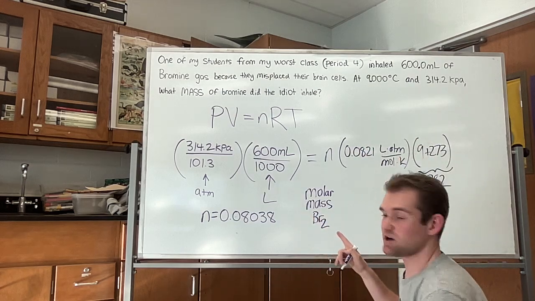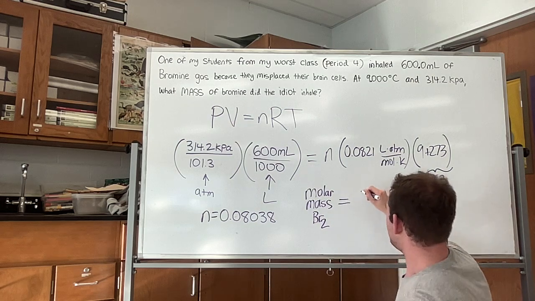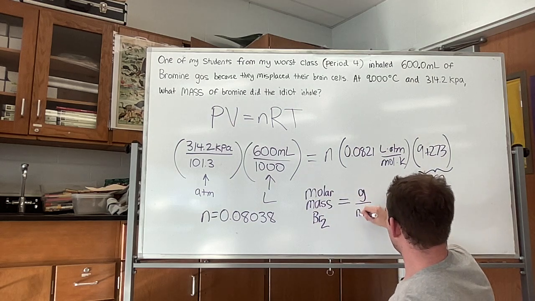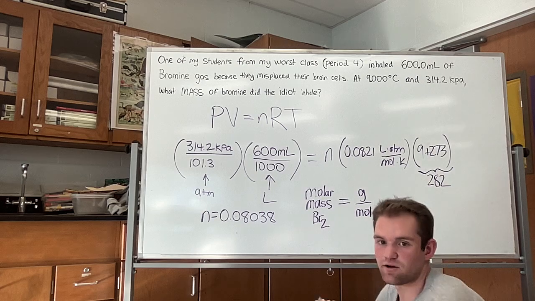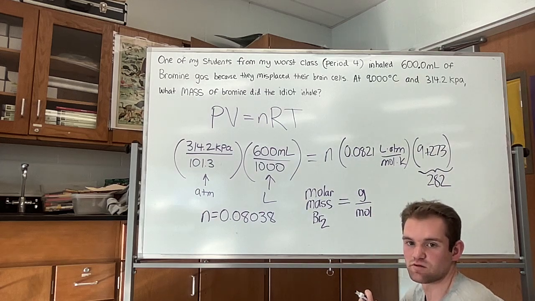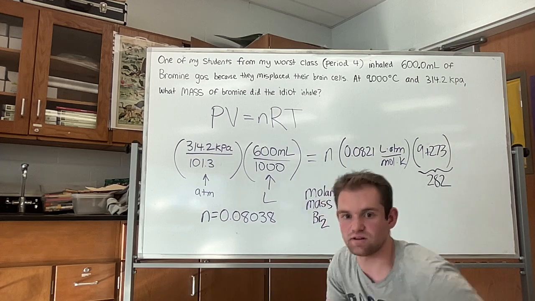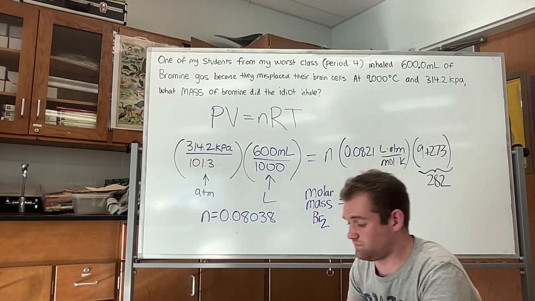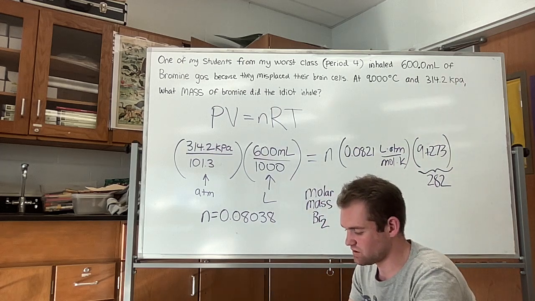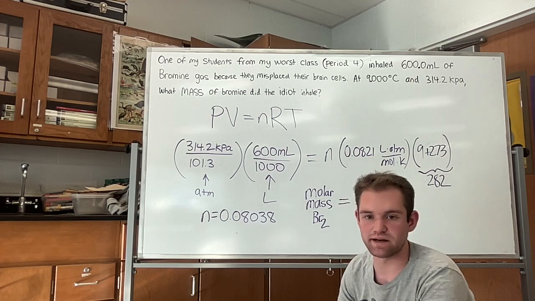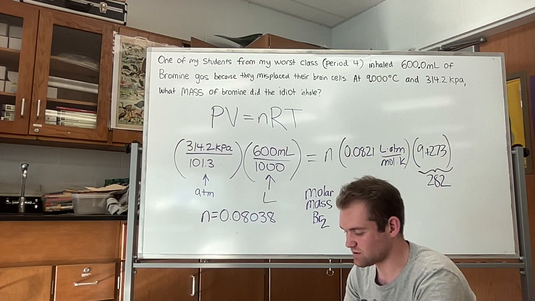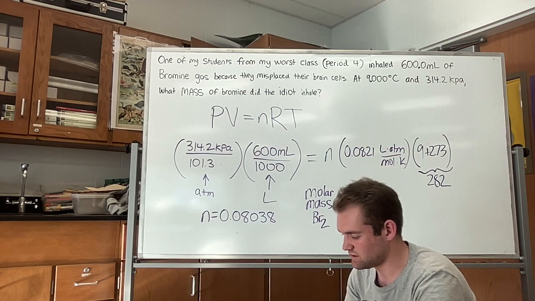So molar mass of Br2 is going to be grams per mole. Now, you have your moles, you have your molar mass. Br2 is around 80. So let me check here. Molar mass of bromine is 79.904. So we're going to take that and multiply it by 2.